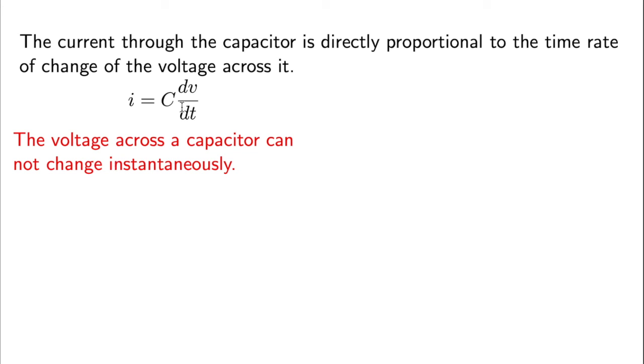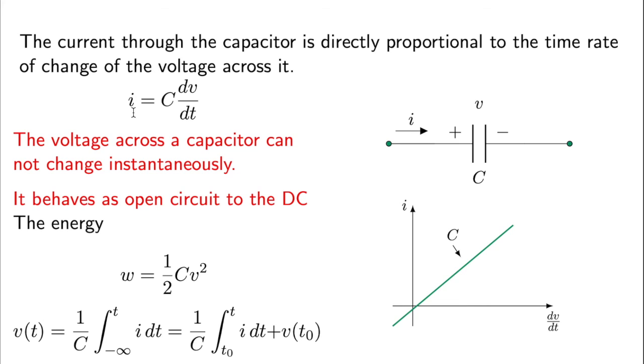If you look at dV by dt for DC, that derivative will be 0, and that suggests the I value has to be 0. So this I equal to 0 represents an open circuit for DC.